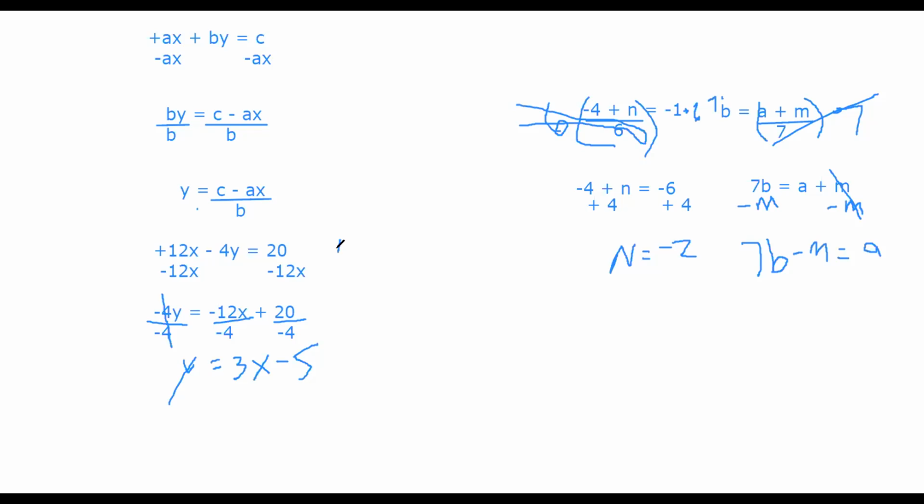Here's what 20 looks like. 2, 3, 4, 5, 6, 7, 8, 9, 10, 11, 12, 13, 14, 15, 16, 17, 18, 19, 20. There's 20.